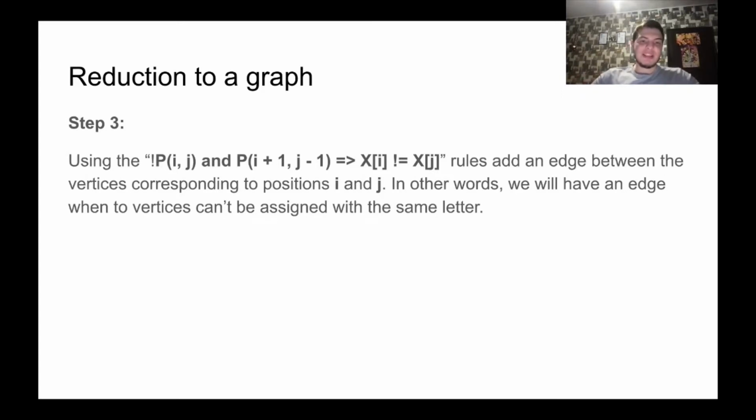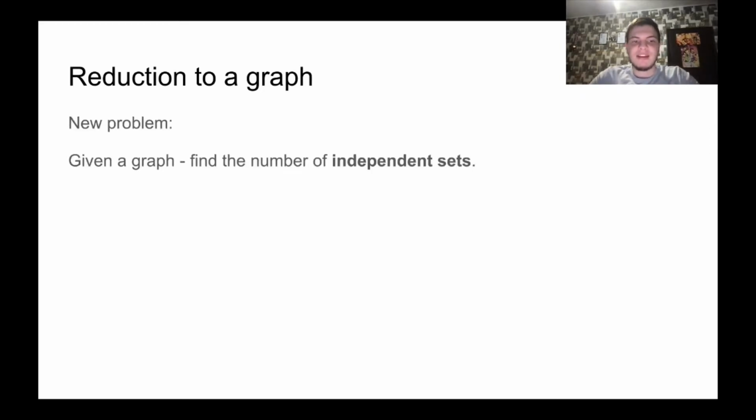And now, basically, we have built a graph where some of the vertices, which initially were positions, were compressed into some new ones. And now we have edges whenever two vertices can't be equal to the same letter. And well, now the problem is this new thing: we're given a graph, the one we just built, and our answer to the final problem is actually the number of independent sets.